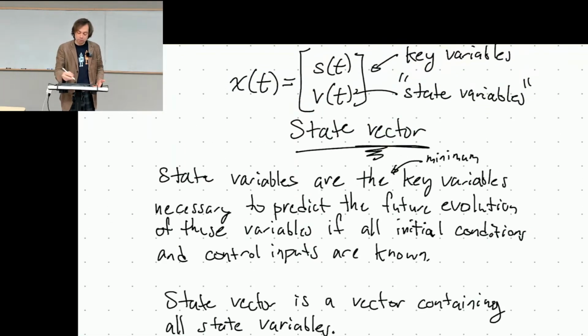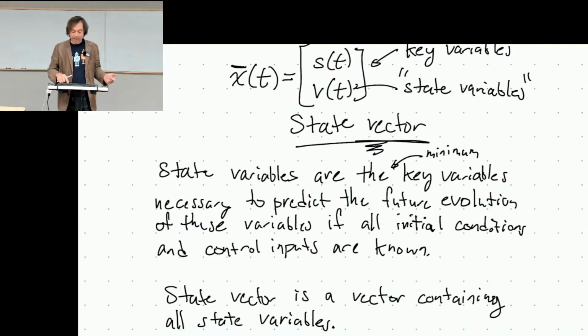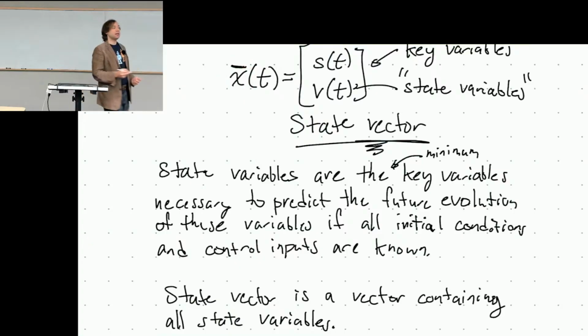I'm going to put a little bar over x to indicate that it is a vector. Okay, I may or may not do that into the future, but I just want to make it clear that because it's a vector, it contains multiple variables in a vector. Okay, and as a rule of thumb, we will be using x as our state vector. Okay.